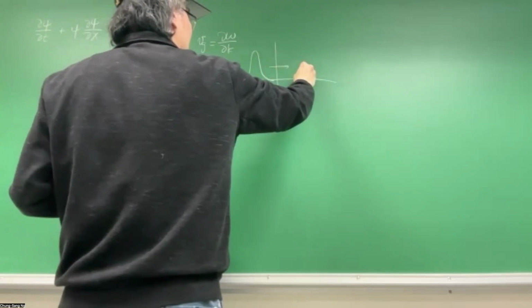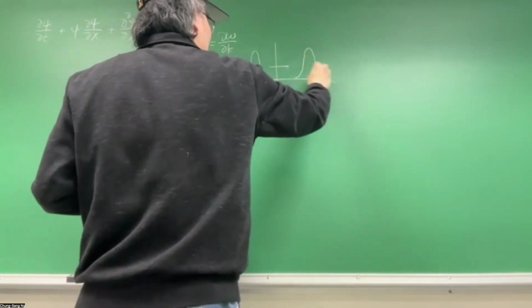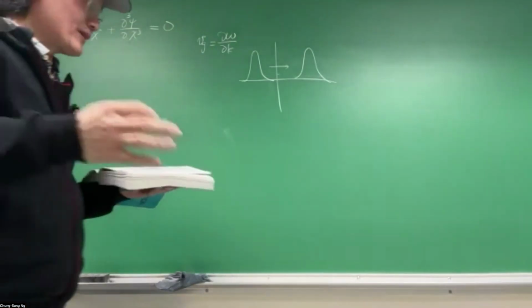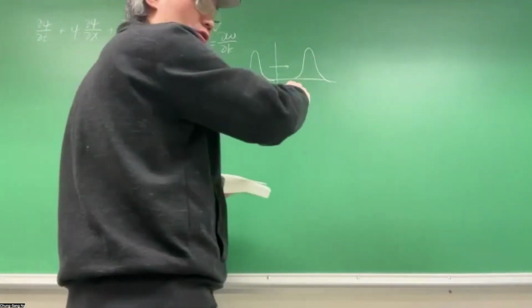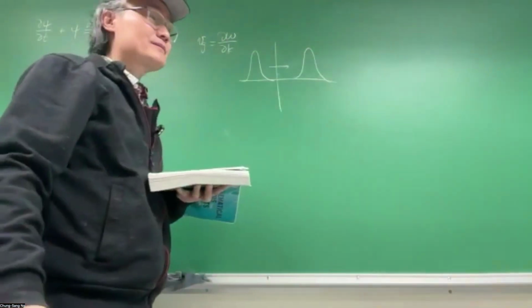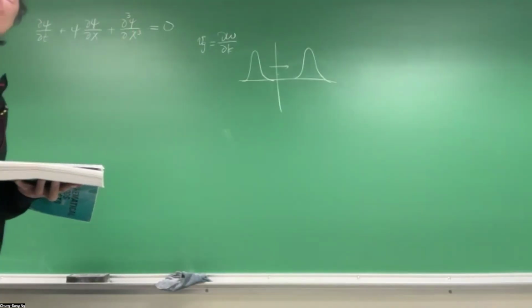Then it will propagate at a certain speed and keep the same shape. It doesn't broaden, and doesn't change shape. It just propagates as a pulse. And that's one property of a soliton.